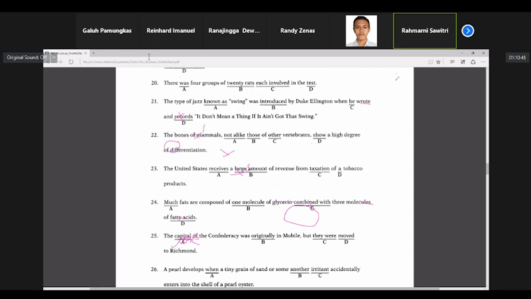Well, the incorrect one is A. It should be "unlike." So we don't have "not unlike," but instead what we have is "unlike those of other vertebrates."